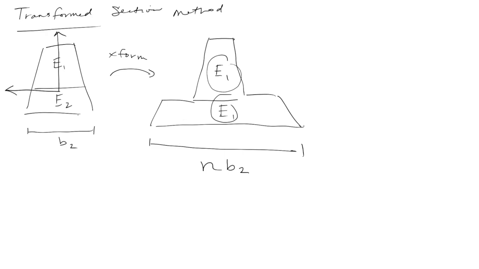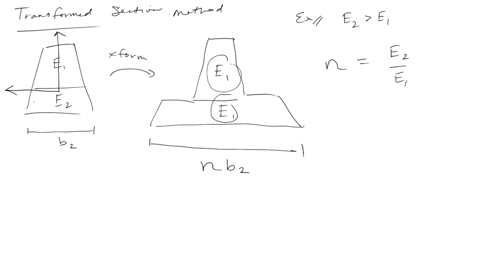You want to be able to do that because, for example, let's say E2 is greater than E1. So E2 is stiffer. If we set n equal to E2 over E1, that gives us some ratio of stiffness.